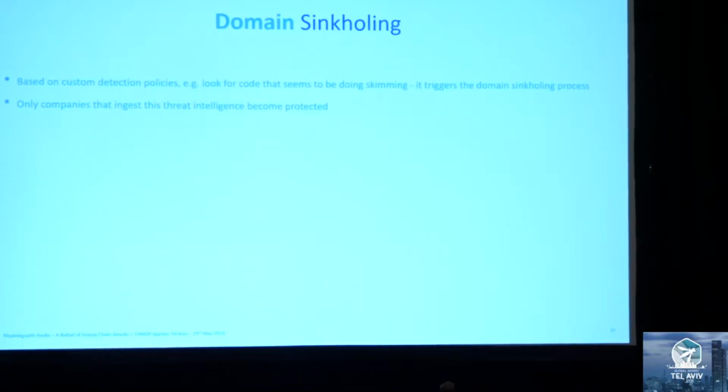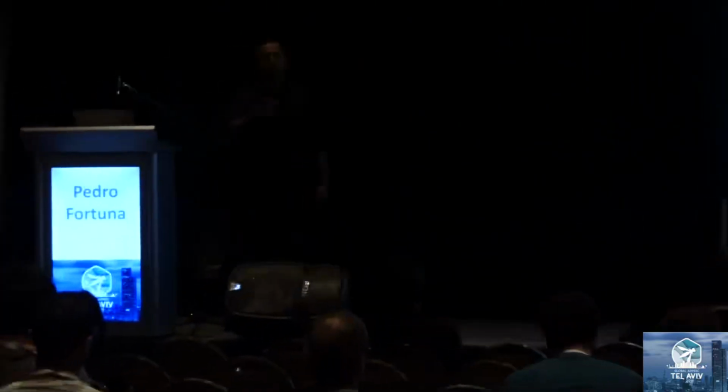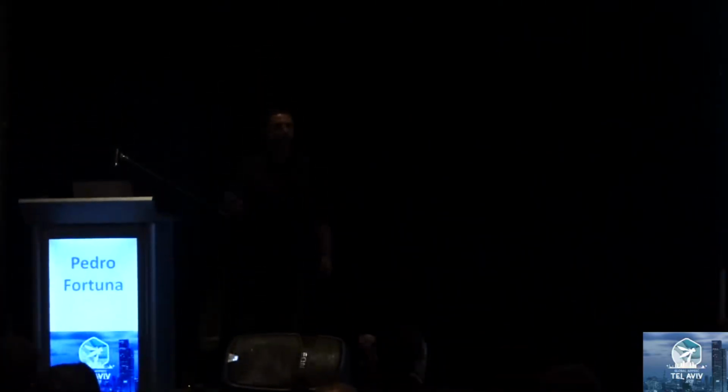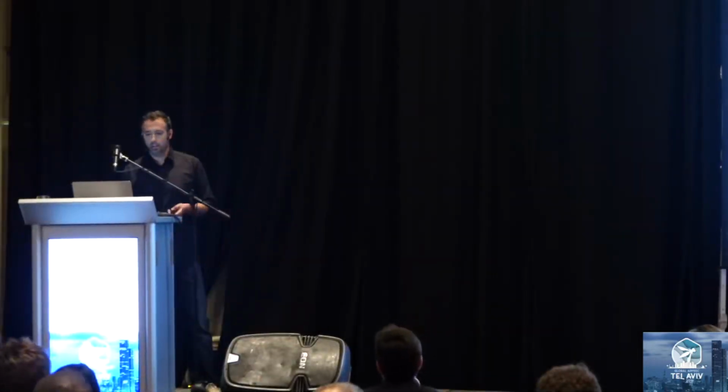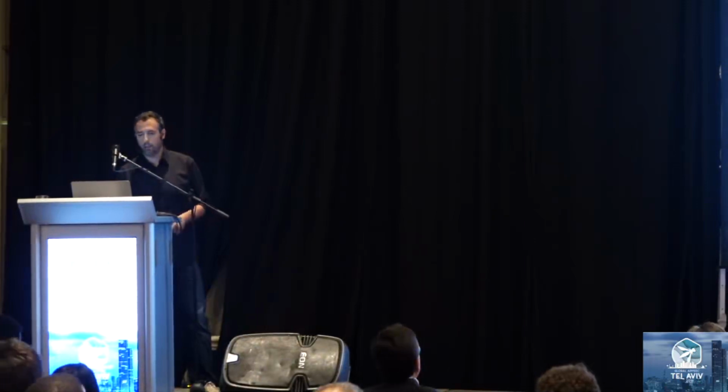But there are a few problems with this approach, actually. First, you need to ingest this threat intelligence information. So you either are consuming this information and get mitigation, or it doesn't work. But there are a few other problems.